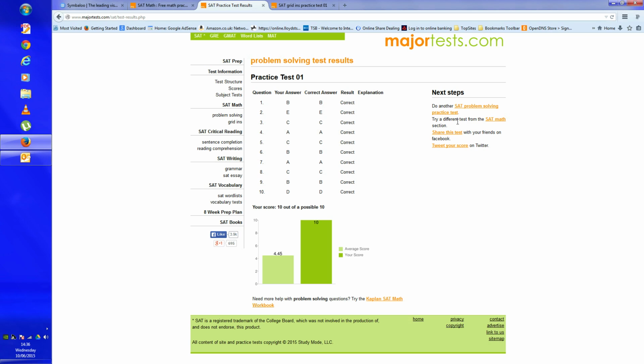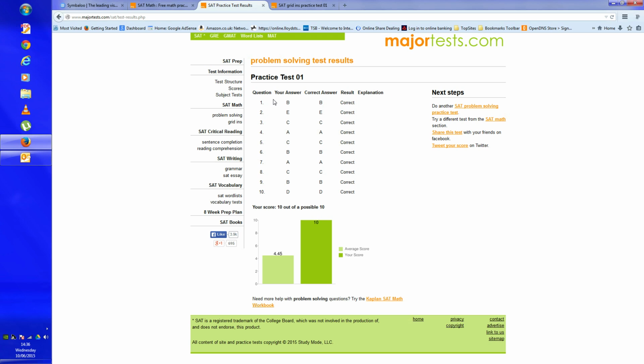Do another self-problem test, try a different section, share this test, tweet your score. Basically, they used to have explanations on the side per each question, and they explained how each of these questions were meant to be solved, how they're meant to be calculated. Those explanations have been withdrawn for some reason. I do not know why they've done that, but again, it's up to them.